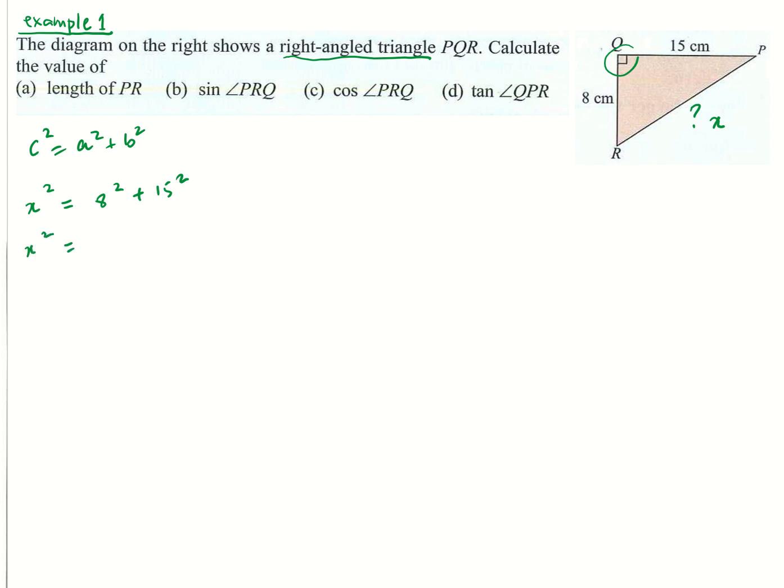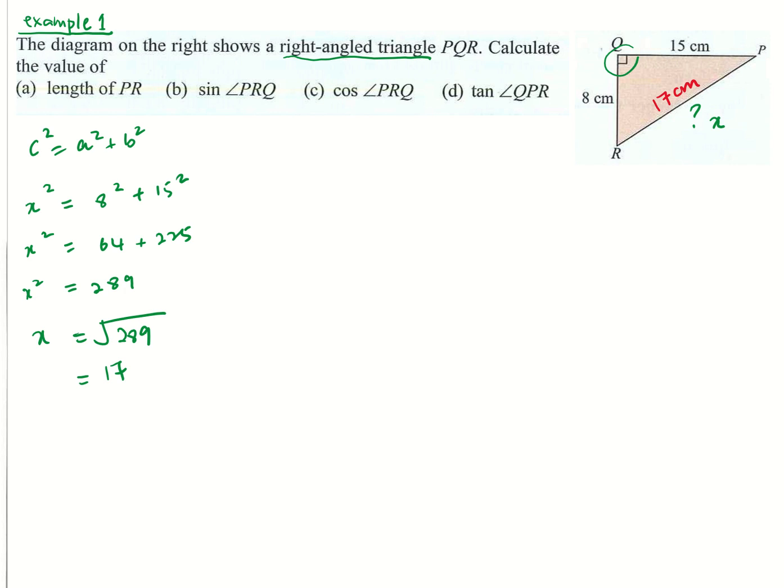So x square equals 64 plus 225, which is equal to 289. So x is the square root of 289, which is equal to 17. So we can write here this is 17 centimeter.